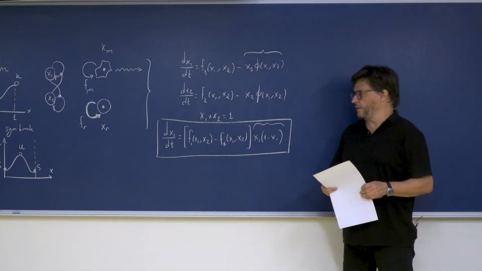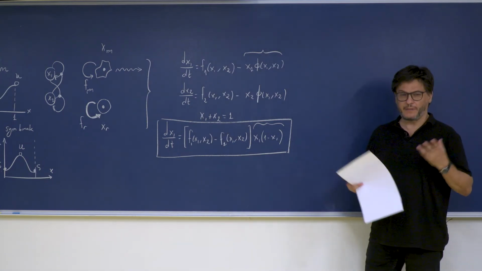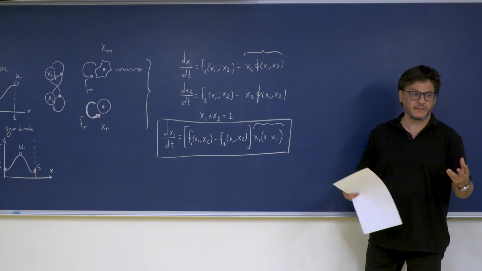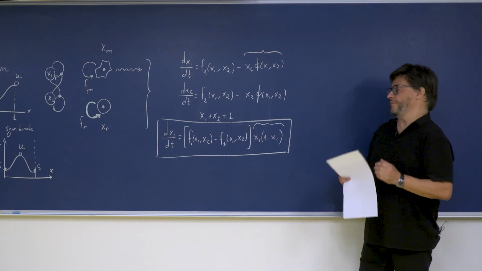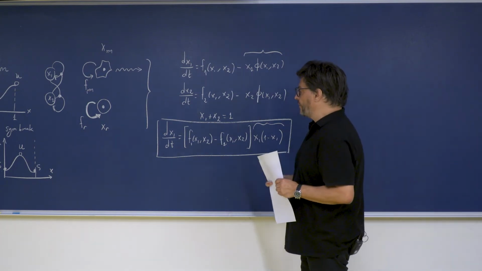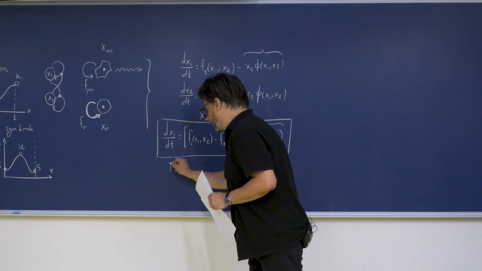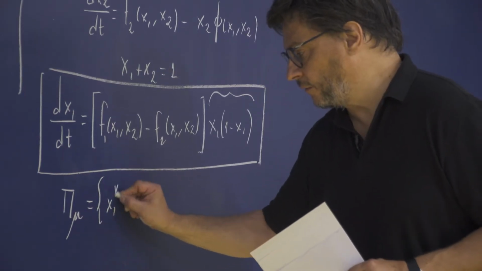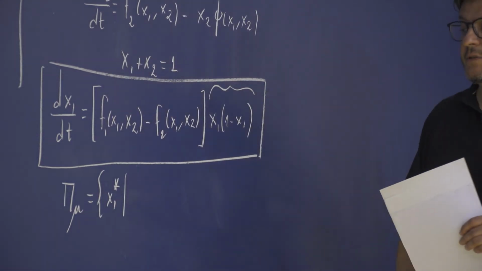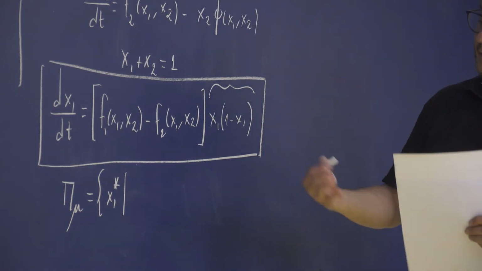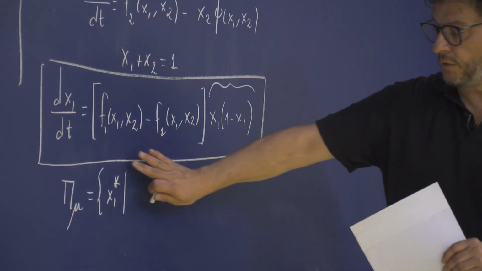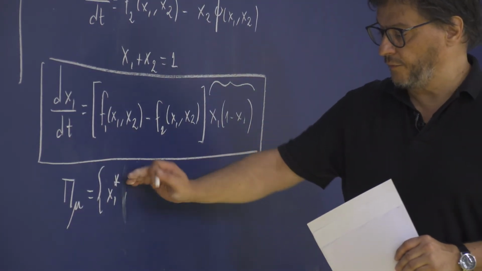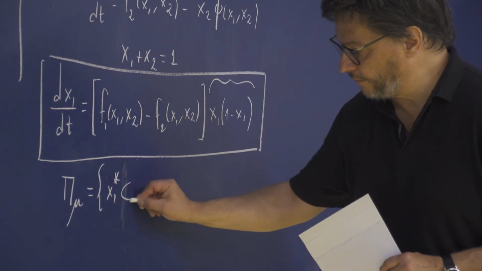Well, the first thing I would like to know is, what about stability? Is there something general I can say about stability? Remember that in these models, we have a set of points that belong to the domain of real space that I'm considering.